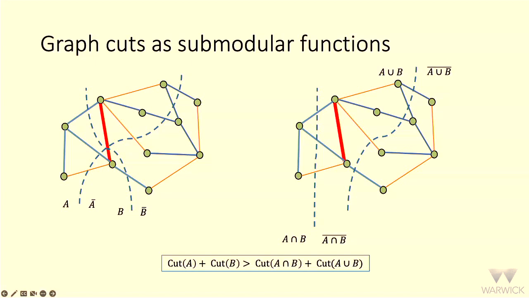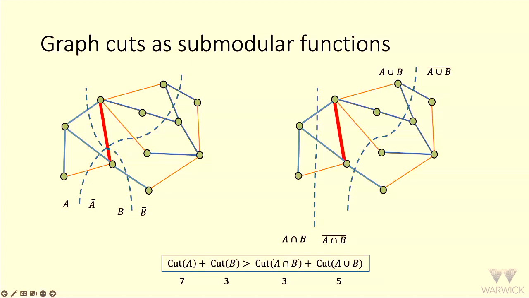But this red edge, which is going from B minus A to A minus B, is not counted on the right-hand side. So this immediately tells you that this holds, and you can also convince yourself by just counting it. You will see the left-hand side is 10, the right-hand side is 8. The left-hand side is 10 because this edge is counted twice, where it is not counted over here. So that's why it's a submodular function.